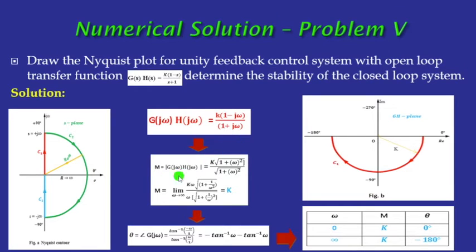Then calculate the magnitude, mod of this. If we put omega equal to 0, then this magnitude is equal to K. When we put omega equal to infinity, it is infinity by infinity, undefined.